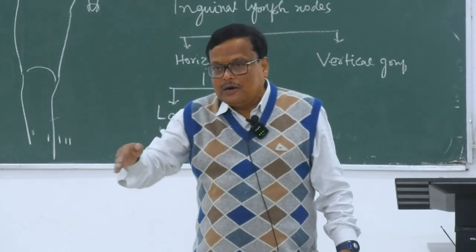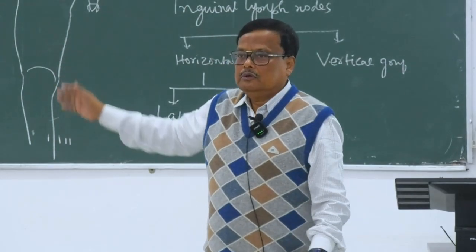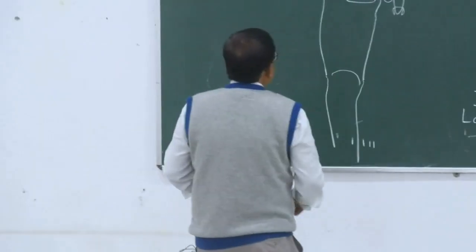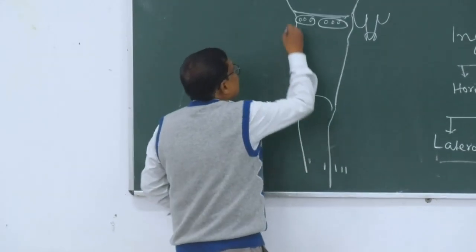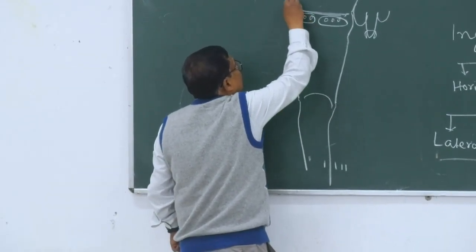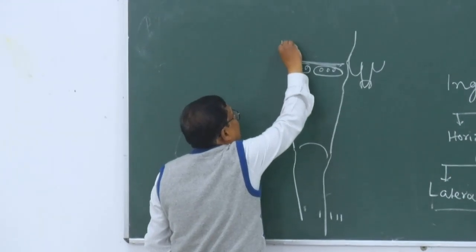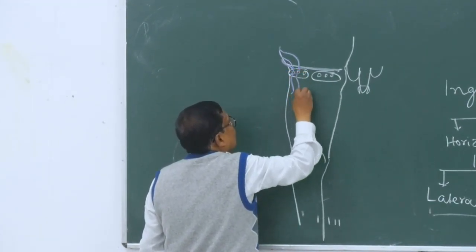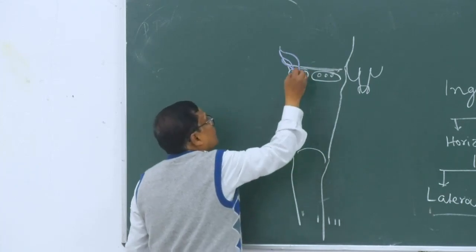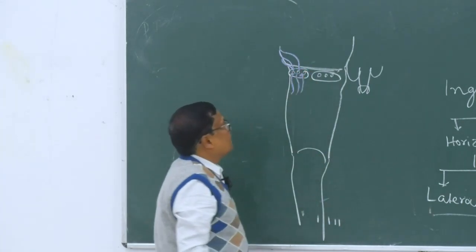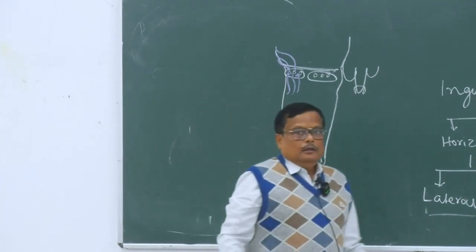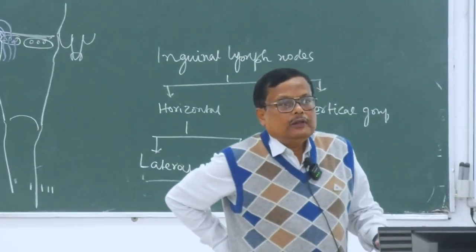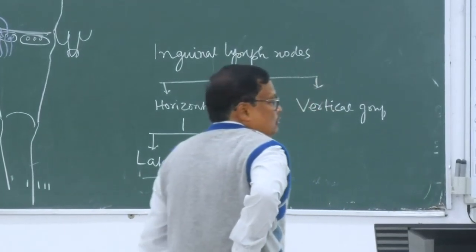Afferent means going towards, efferent means going out. So what are the afferent area of the lateral group of lymph nodes? Afferent group of lateral group of superficial inguinal lymph nodes.